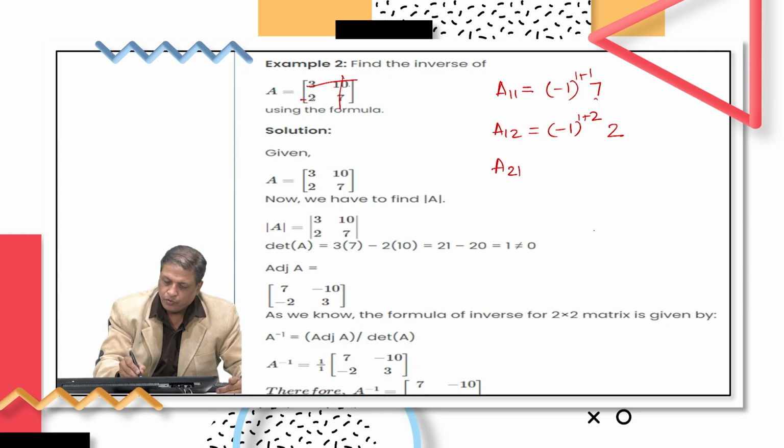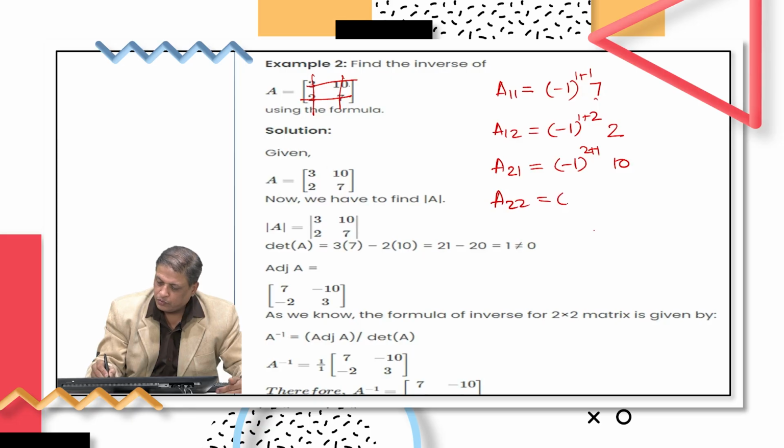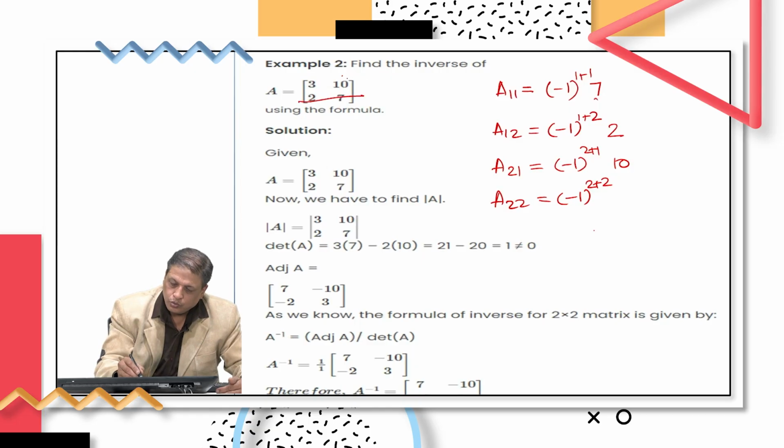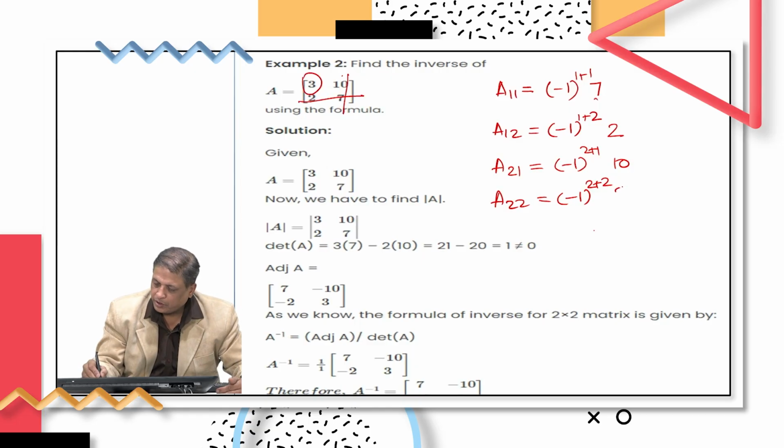A21, second row, first column, so minus 1 to the power 2 plus 1 and 10. A22 is minus 1 to the power 2 plus 2, so the remaining element is 3.